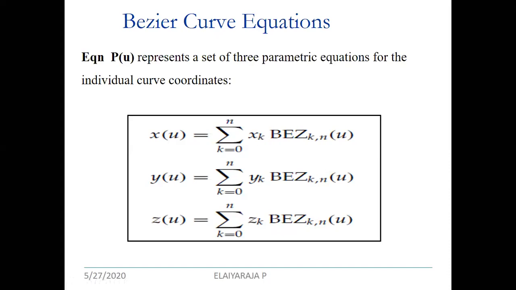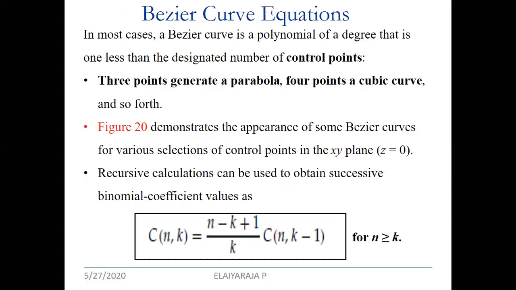Similarly y0, y1, y2. Similarly z0, z1, z2. If you have two control points, then x0 and x1, y0 and y1, and z0 and z1. That is the individual parametric equation for your x as well as y and z coordinates.